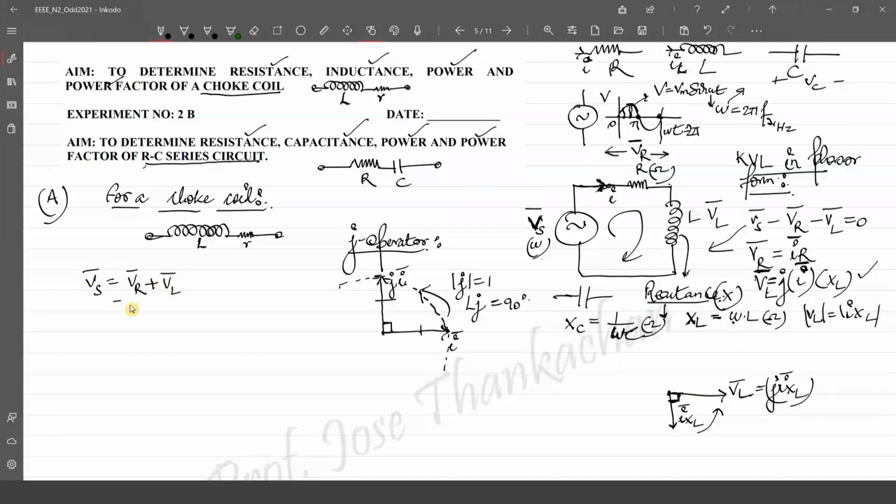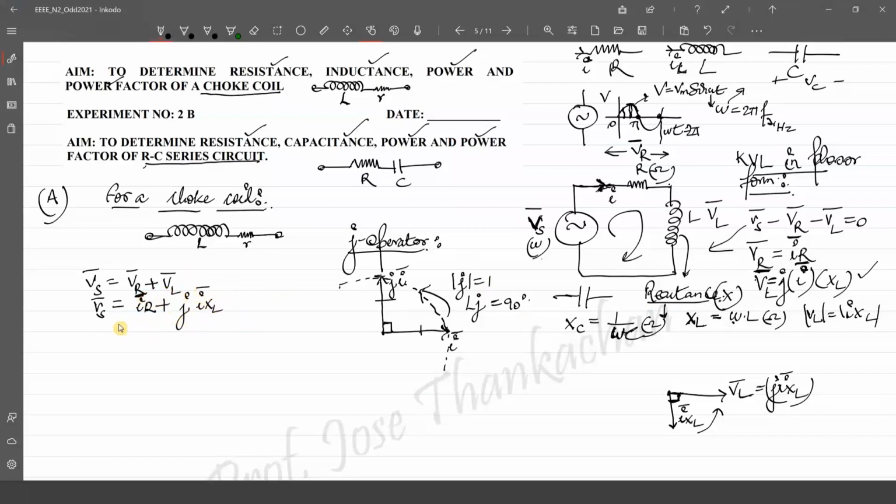And VR, we know, is I into R. So Vs can be written as I into R plus, what is VL? VL is nothing but J times I into XL. All quantities which are phasors I am representing by a line over the top, just as we represent vectors.